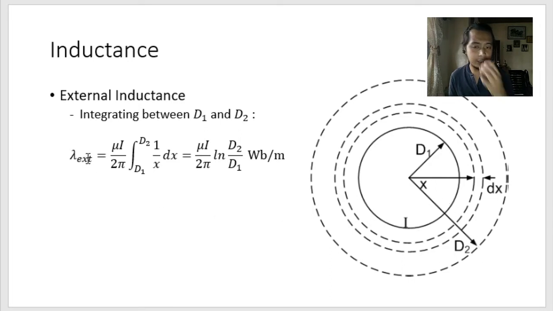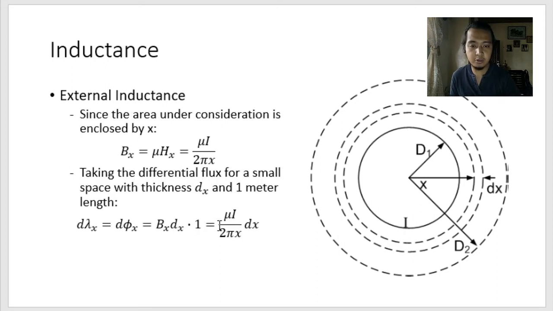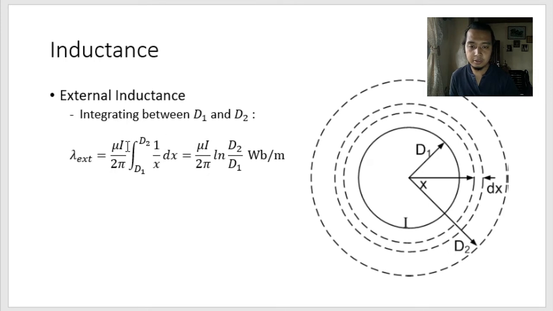So, the flux linkage between D2 to D1, which is outside the conductor, is mu I over 2 pi, which is these constants, and then that x is integrated from D1 to D2. Take note that x is in the denominator, so you have an integral of a fraction, 1 over x, so it's ln of D2 over D1. So yeah, that's basically it. Yan na yan, that's the formula for external.